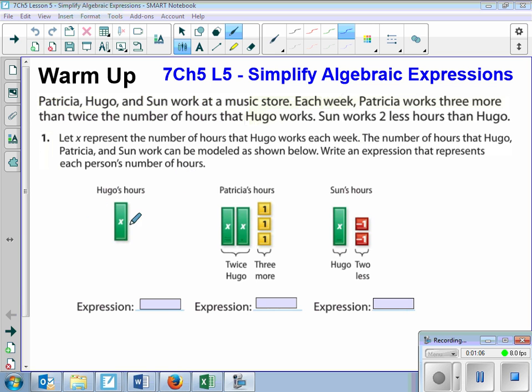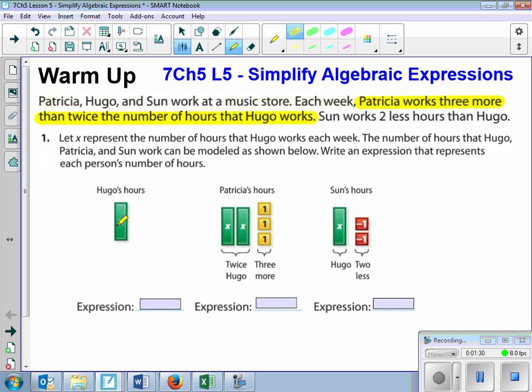So here's Hugo. He works x hours. It says up here that Patricia works 3 more than twice the number of hours Hugo works. So there's the 3 more, then twice Hugo. That's 2 times how many Hugos?